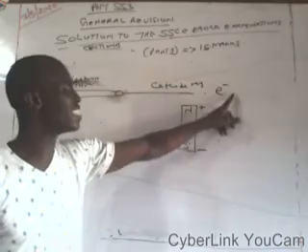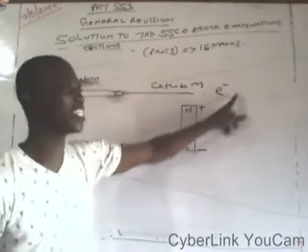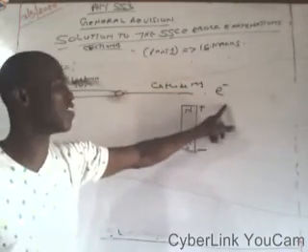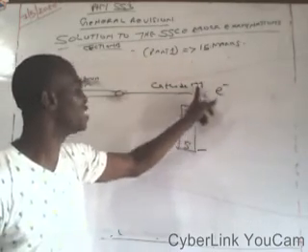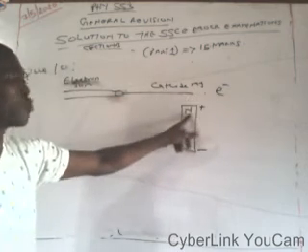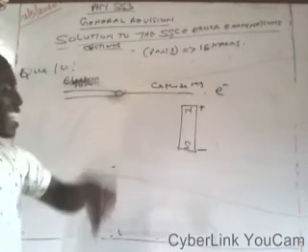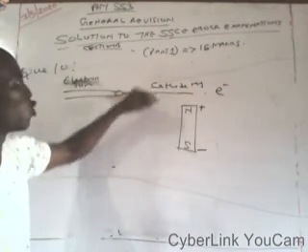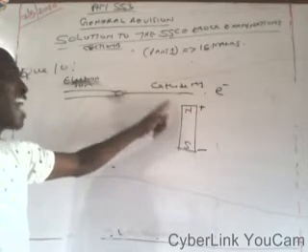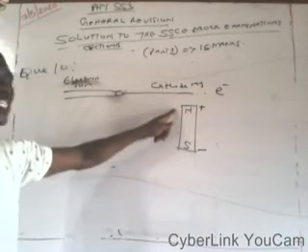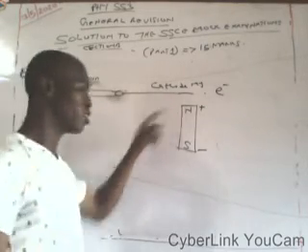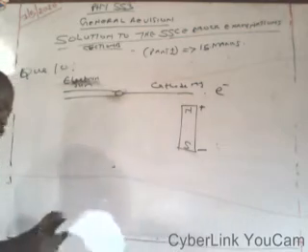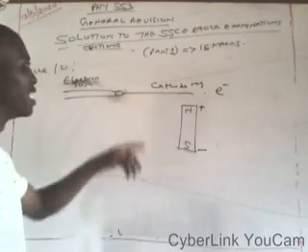Since opposite charges attract, there is going to be attraction between this cathode ray and the north pole of this magnet. In that case, the ray is going to bend downward, getting attracted to the north pole of the magnet.